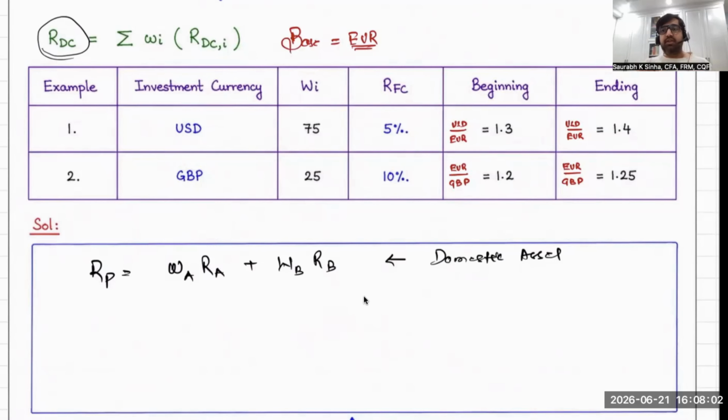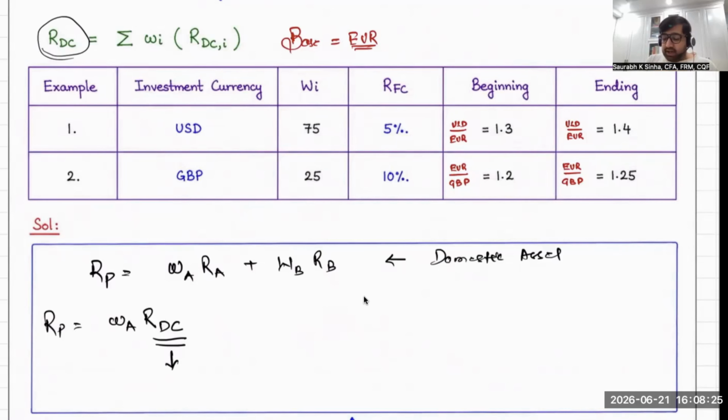But if you're investing in foreign assets, then the formula of the portfolio is the weight given to the first asset, the foreign asset, and the return of the foreign asset in what? In the domestic currency term, not in foreign currency, right?